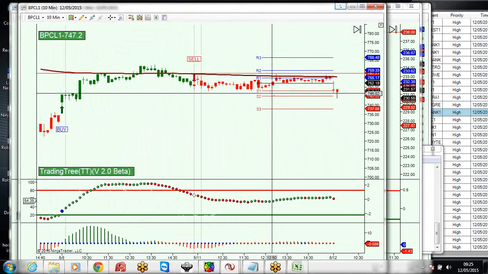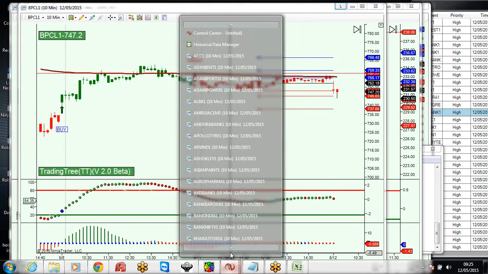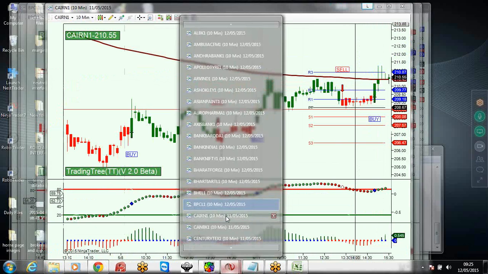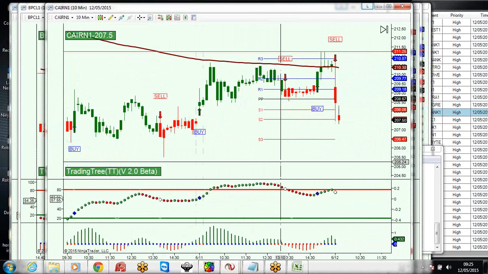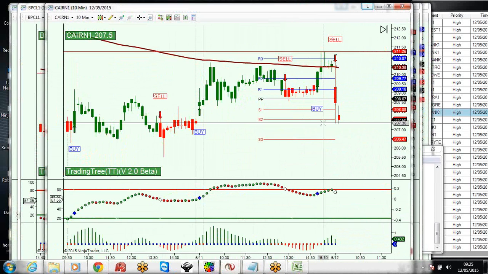BPCL the same trend is continuing. It's absolutely flat. Coal India you can short it at this level 207.30.